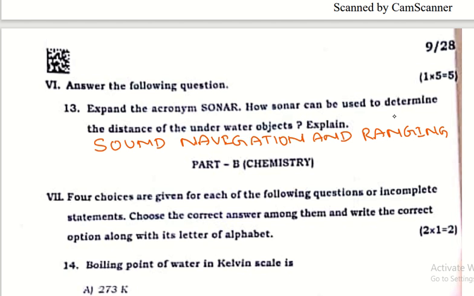The ultrasonic waves travel through the water, reach the target and come back. That is, the echo of the ultrasonic waves comes back, and the receiver accepts that and calculates the distance between the object and the sonar. So this is the method of working of the sonar.